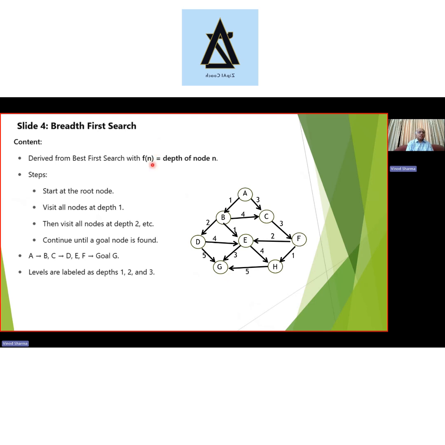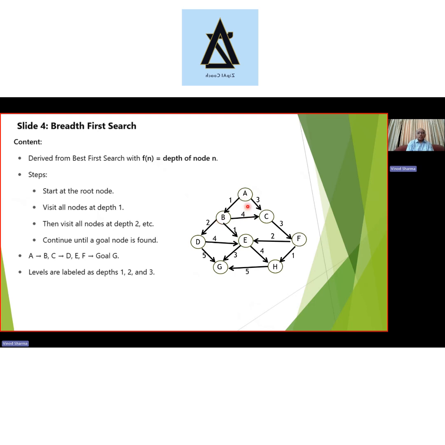In this case, the function f(n) we choose is the depth of the node n. And what is the depth of node n? We are at root node A. For any node in this, let's say this node, its depth will be defined as the minimum number of steps or actions you have to take to reach from A to E. For example, to reach E, you have to take one action and then another action.